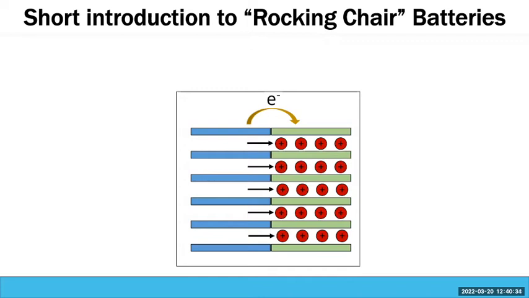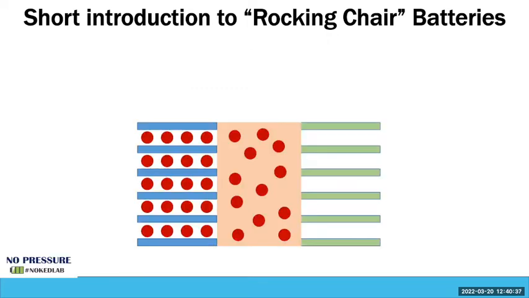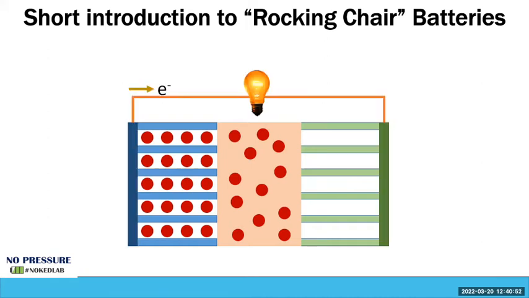So what we did, we separated them with an electronically insulating phase, which is still ionic conductive. This is a phase that allows the movement of cations, but suppresses or blocks completely the movement of electrons. And now if you put a wire from one phase, from the blue one to the green one, the electrons can flow, and then there will be a reduction.